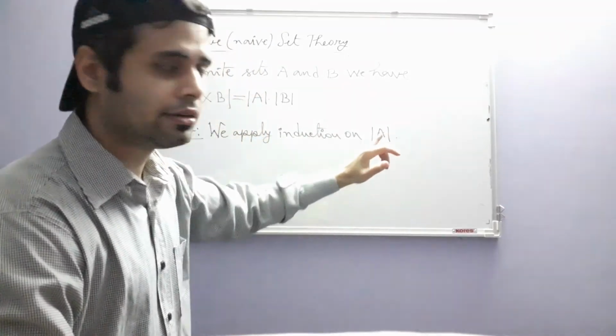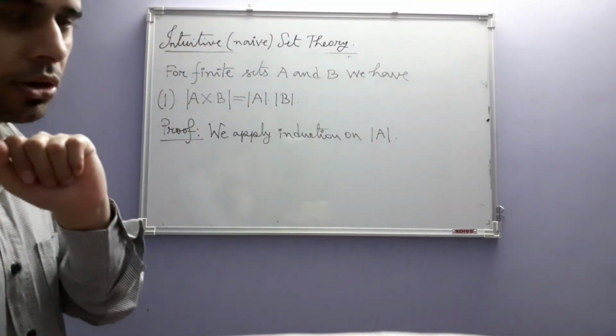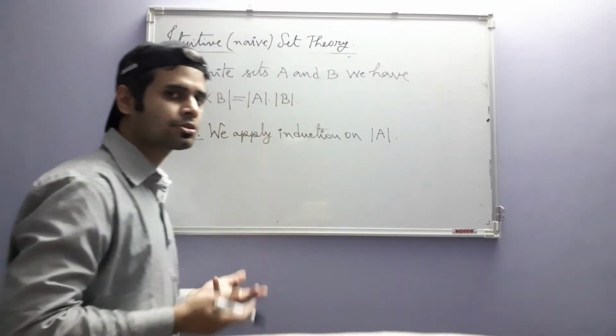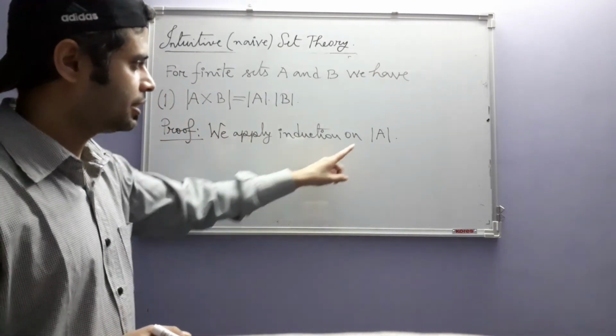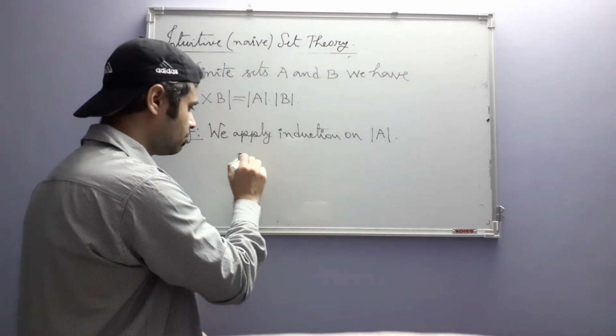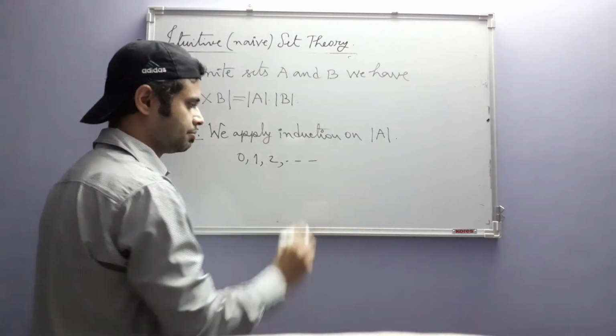The cardinality of A is a natural number. Always remember that. Cardinality of A means the number of elements in A. And that number may be 0, 1, 2, etc.